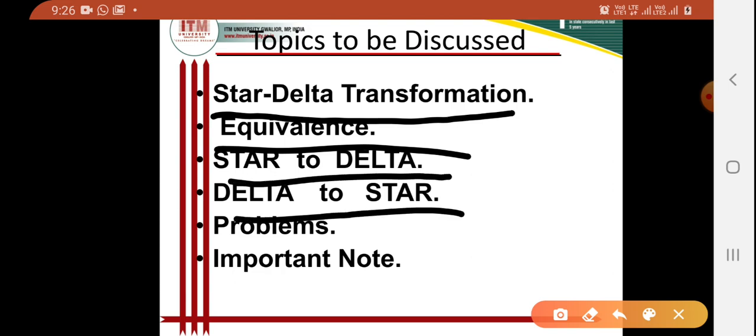Then we'll discuss some problems on that, and note some important points on star delta transformation after learning the details.